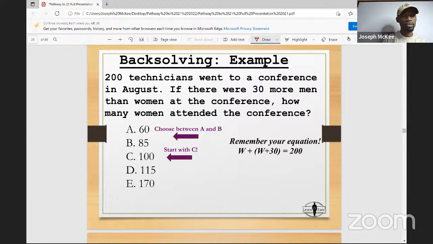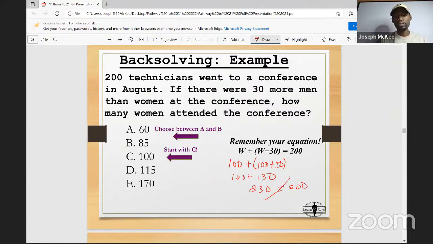The strategy says we start in the middle with C, and we take 100 and plug it in everywhere we see W. So we end up with 100 plus 130, and that equals 230. Does 230 equal 200? The answer is no.